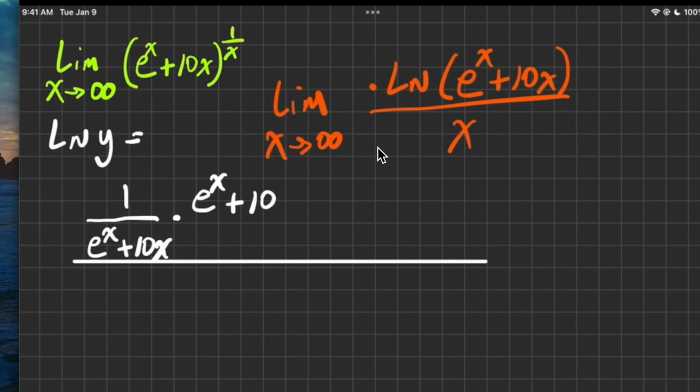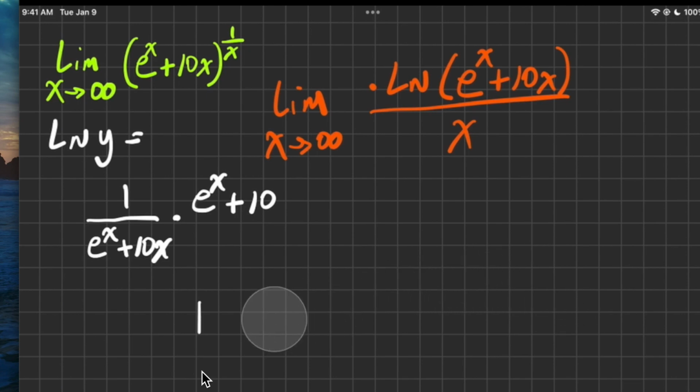The derivative of the denominator, the derivative of x, is just 1, so in essence we're just going to be left with the derivative of the numerator.